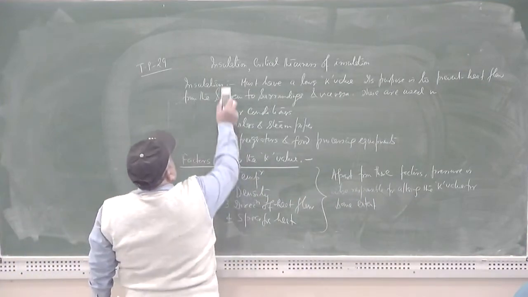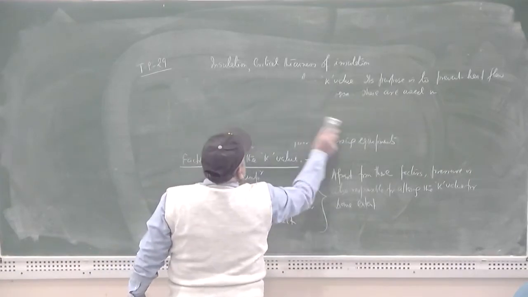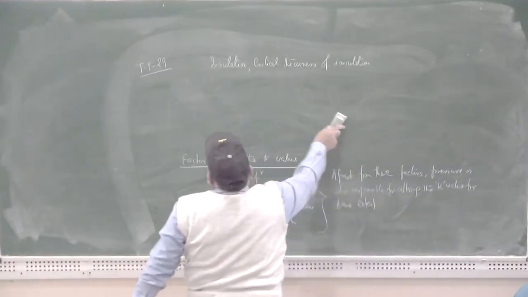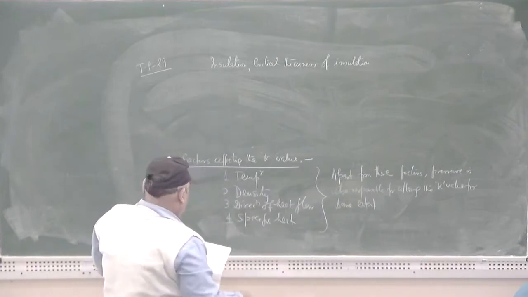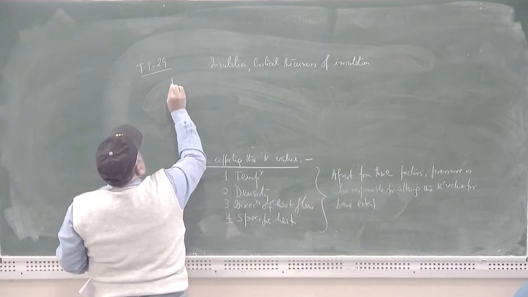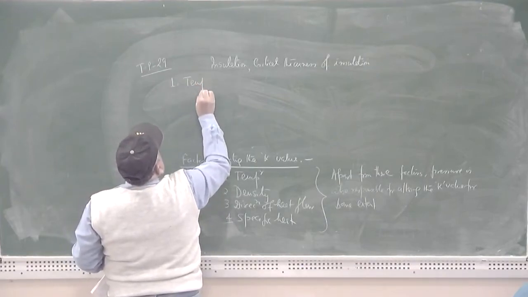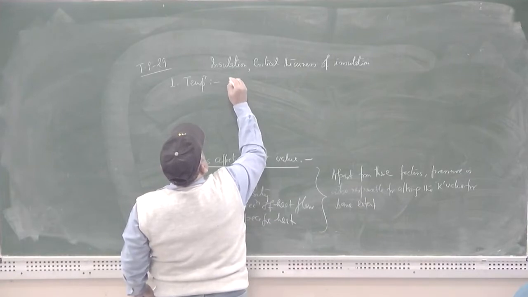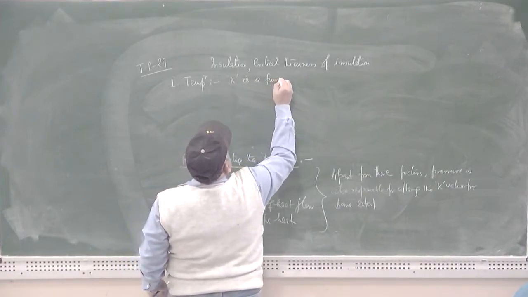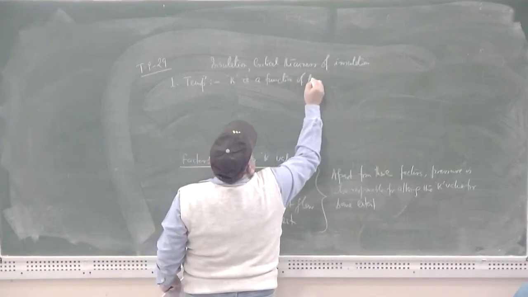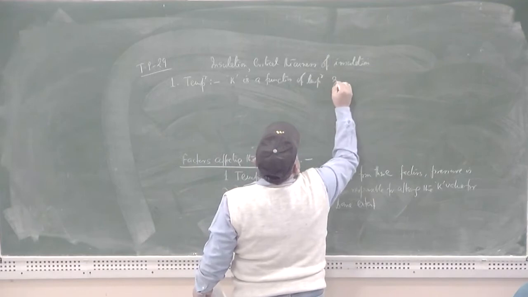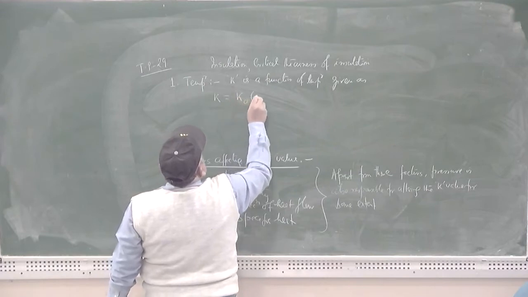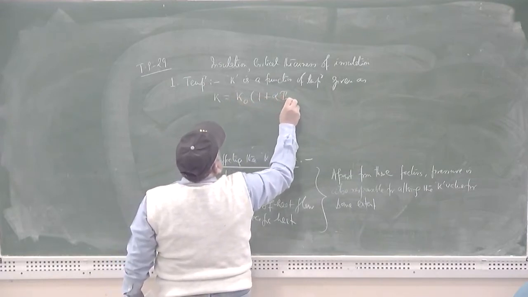Now, coming to the temperature, thermal conductivity is a function of temperature, given as K is equal to K0 into 1 plus alpha Tm.